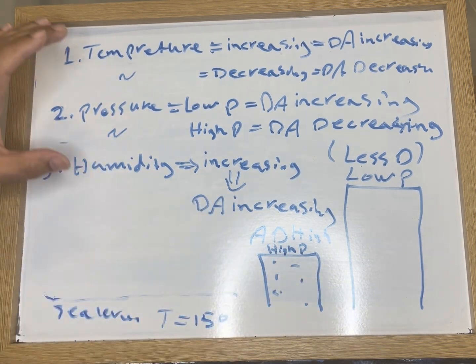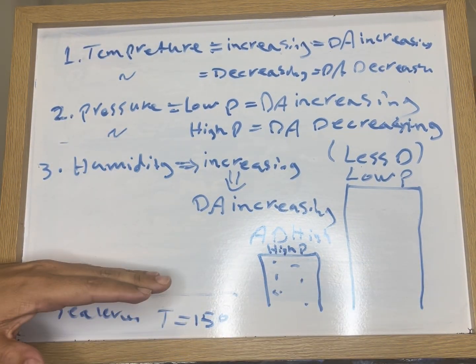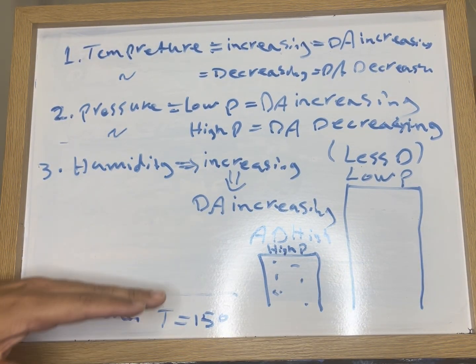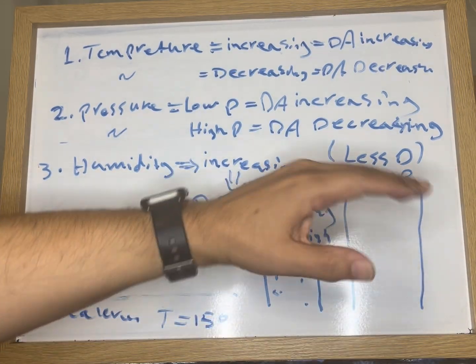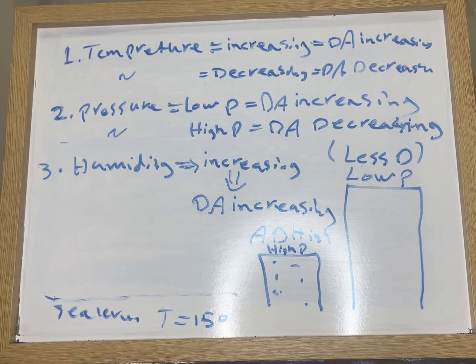So regarding these factors, when in higher altitude, in other words when altitude increases, due to the air being less dense, density altitude increases.